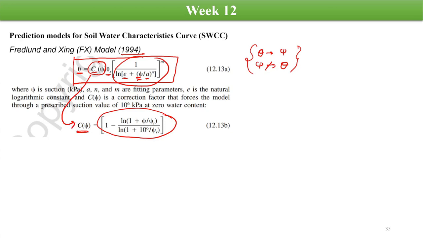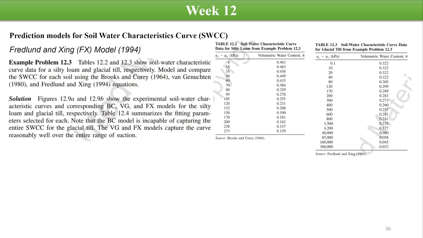So we can take C from here and use it here to determine the relationship between theta and psi. Okay. So this is one of the examples which we have solved.